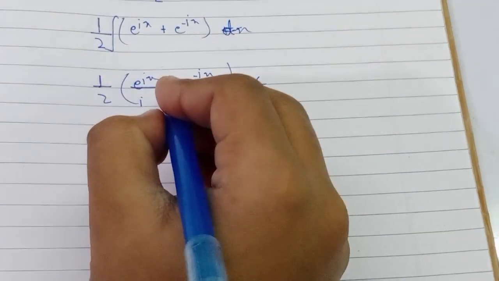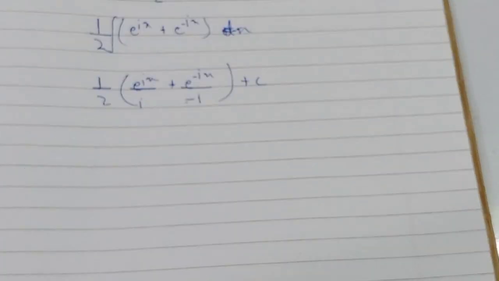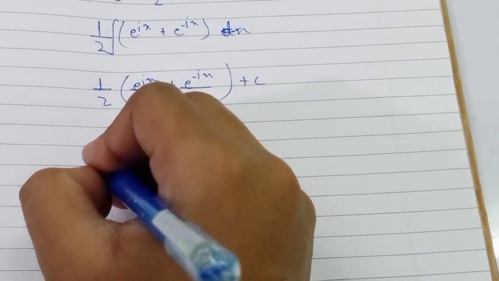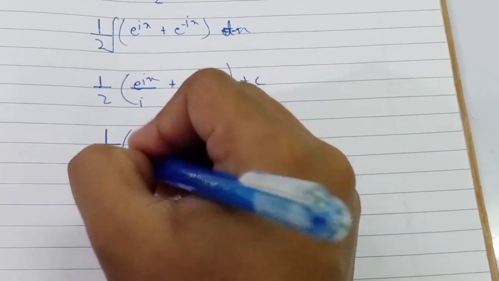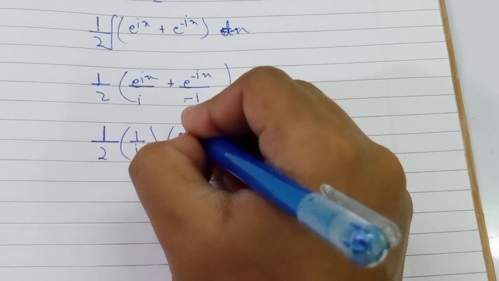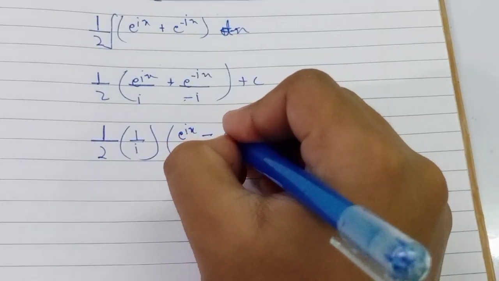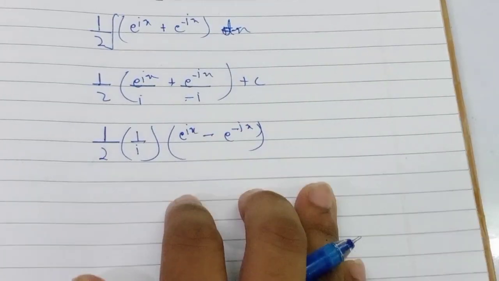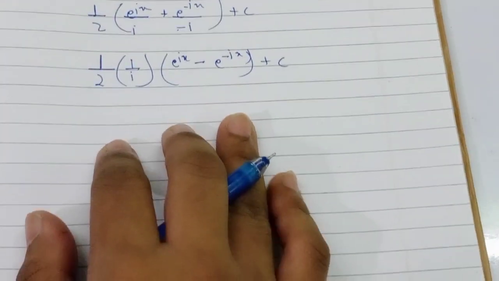Now positive into negative is a negative, and taking i as common, we get 1 upon 2 into 1 upon i into e to the ix, and a negative here, e to the negative ix, plus c.